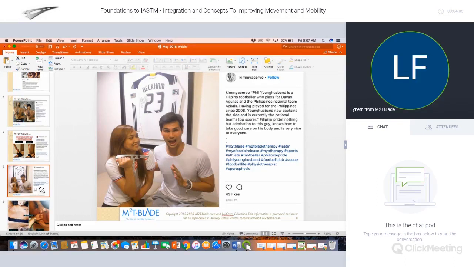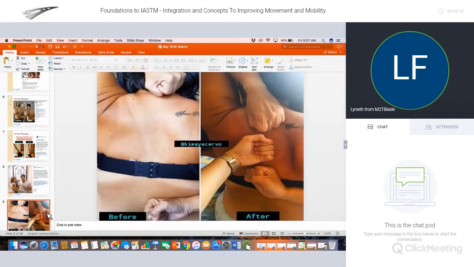This is Phil Younghusband, a huge soccer player over in Asia, the Beckham of soccer in Asia, I should say. Here's another before and after by one of our master practitioners, Kimmy. On the left you'll see the shoulder mobility test, and on the right the same test. It goes from about 4 fists between the two shoulders to about 1 fist between the two shoulders.